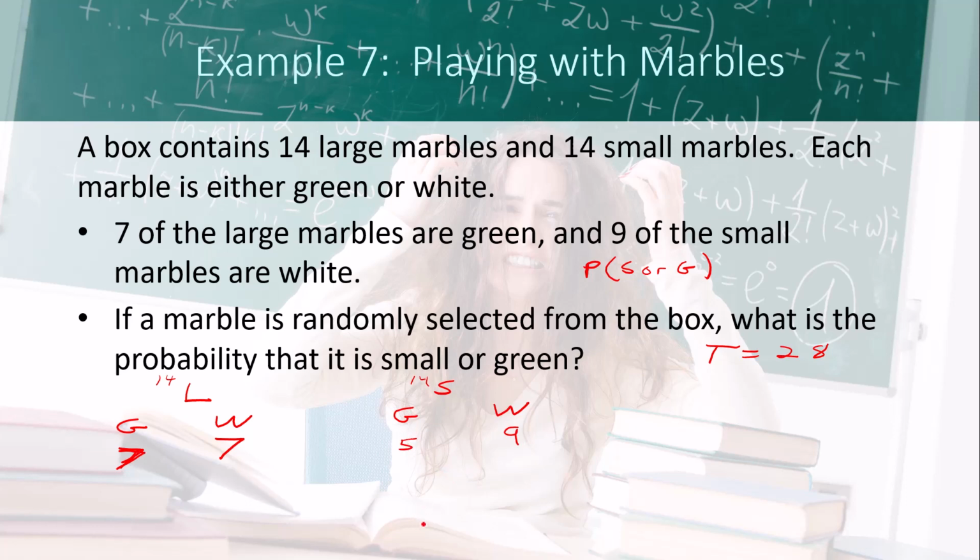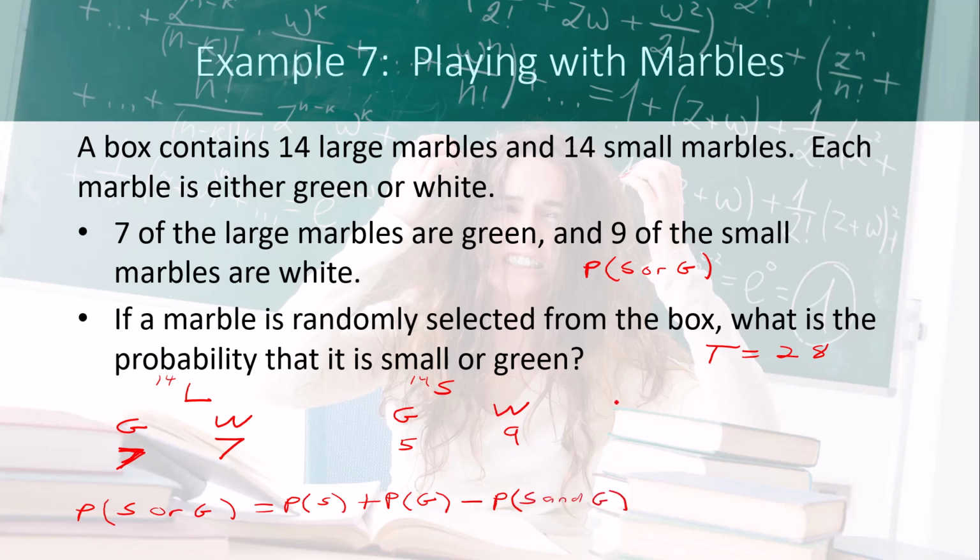So, using our probability rule, the probability of drawing a small marble or a green marble is going to be equal to the probability of drawing a small marble plus the probability of drawing a green marble minus the probability of drawing a small and green marble.